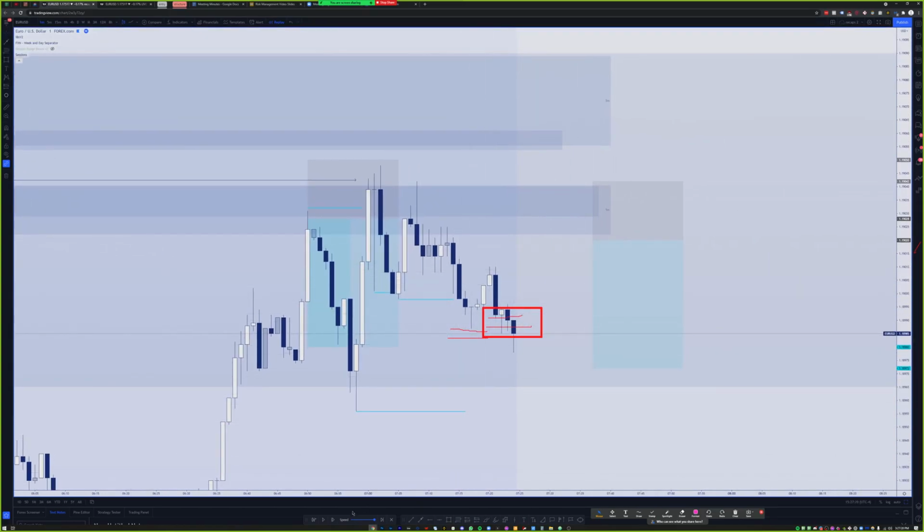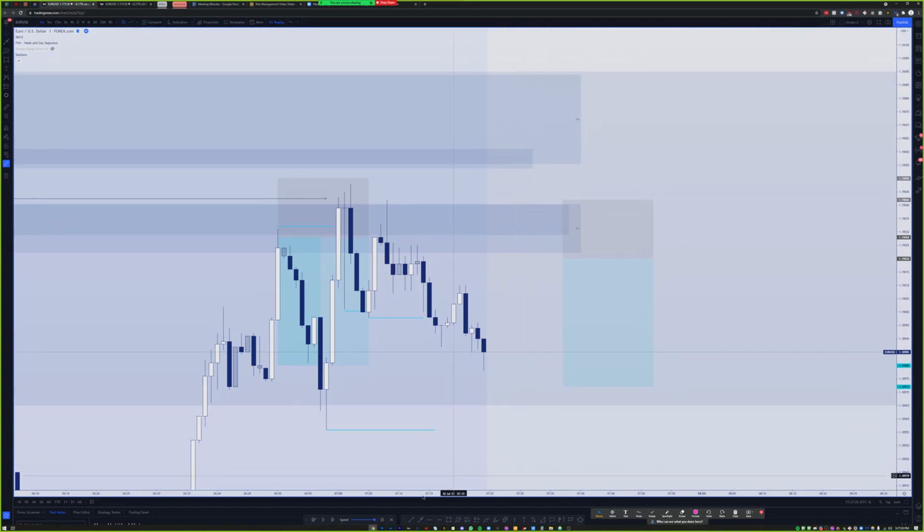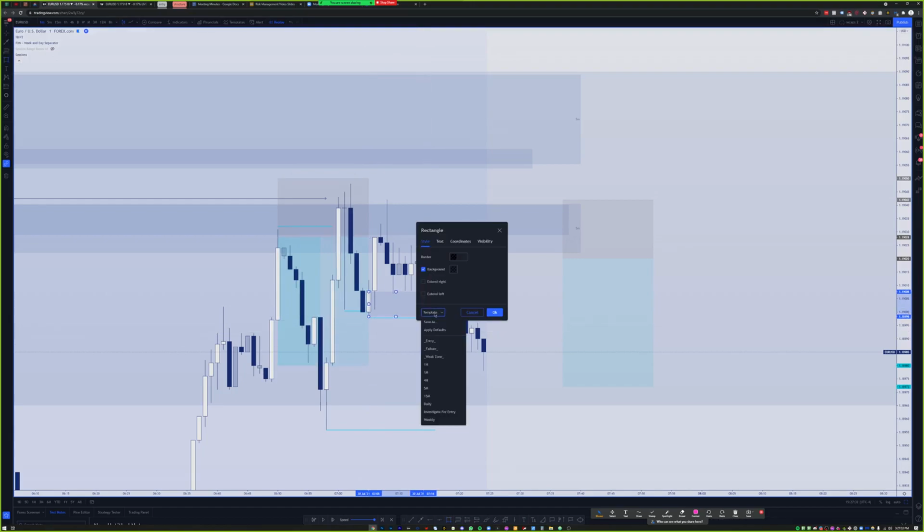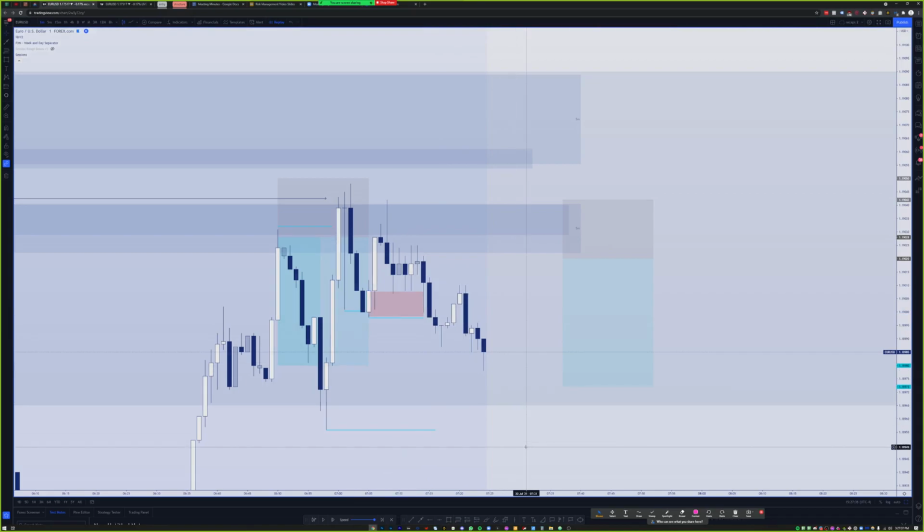I'll tell you what happened here because I can just see it. Let me clear the drawings. So just hold off from drawing for 1 second. Do you guys see how we essentially have this demand zone that failed? And then we get pretty much this wick built as a result of it, right?